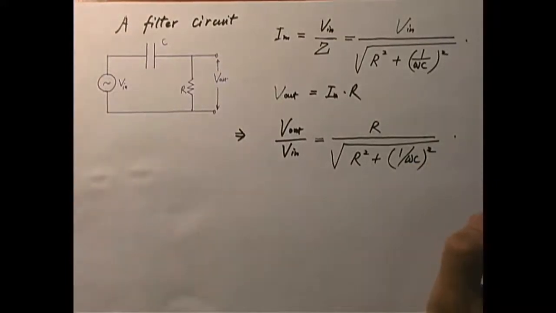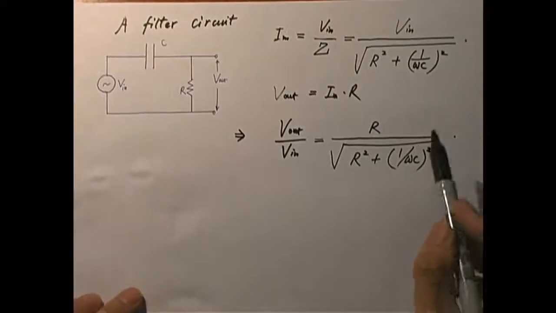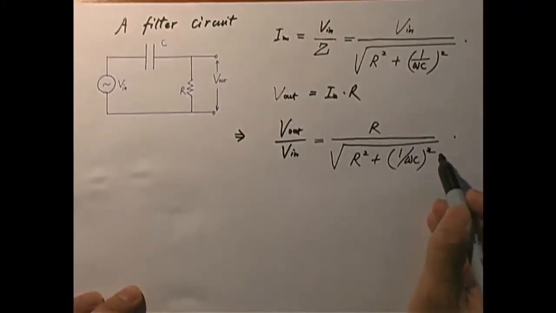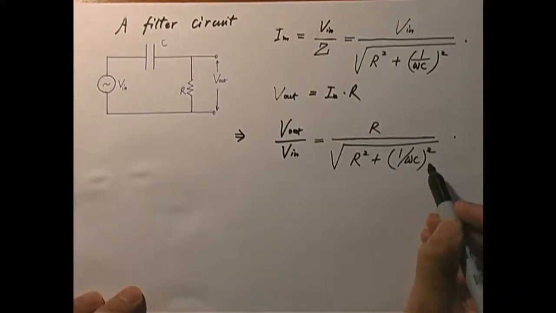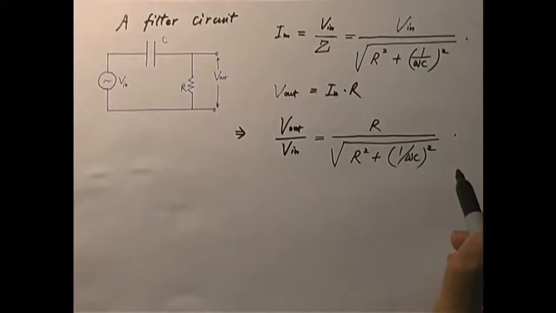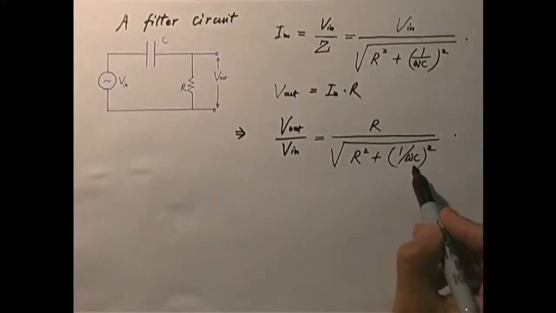Now, this expression depends on omega. Let's take a look at what happens when omega is really large or really small. You look at a really low frequency signal, omega is very, very small. So 1 over omega C becomes really, really large.